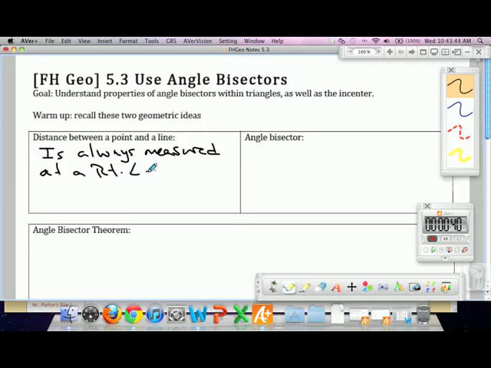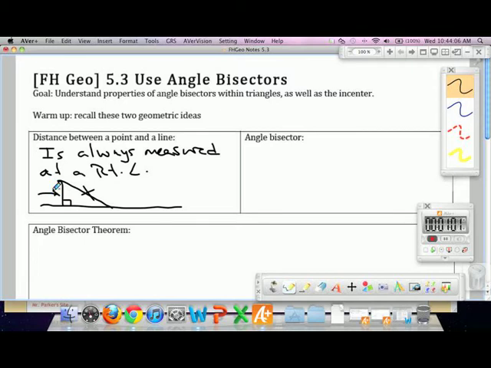So if you have some line here and you have a point, the distance is always measured down here at a right angle. It is never measured at anything other than a right angle. Always this distance.